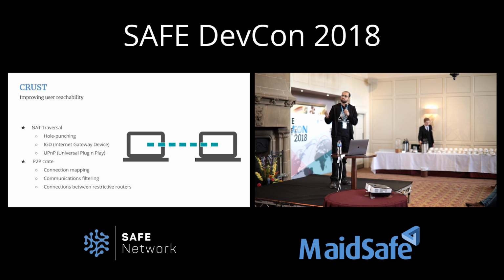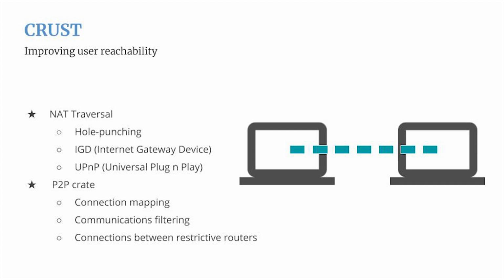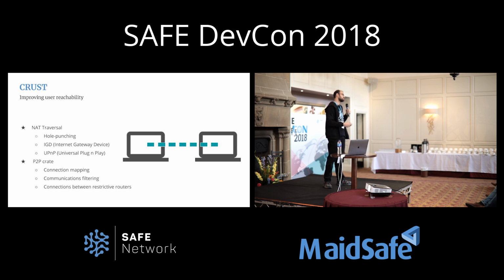Okay, so fine. Now we have UDP and we have TCP. So what do we do with it? As I said, the main problem is when you don't have a public-facing IP. In that case, you have peers who are behind NATs, and then you have to implement one of the NAT reversal processes. The simplest is you just go to the router manually and port forward, right?